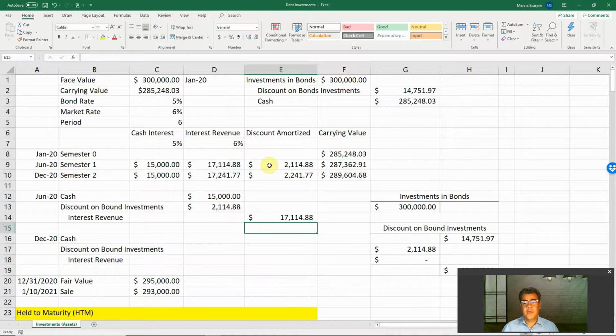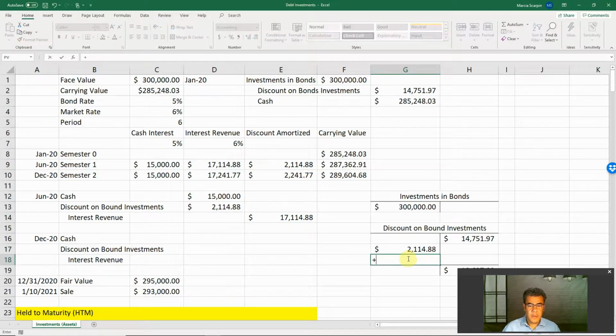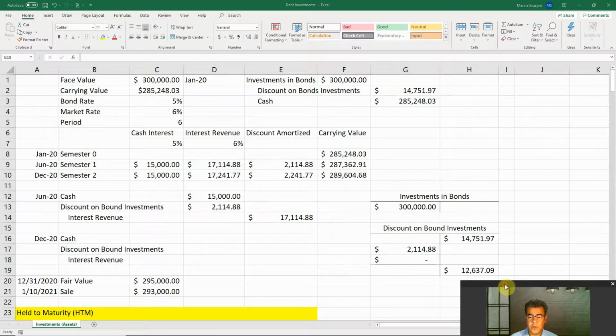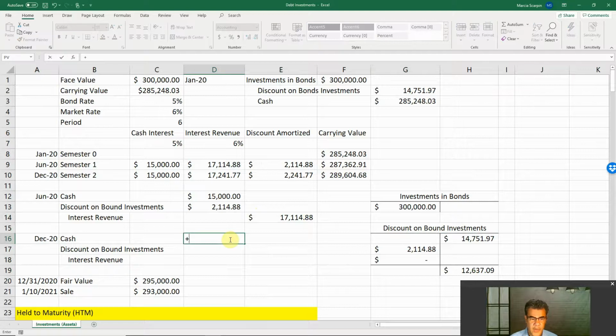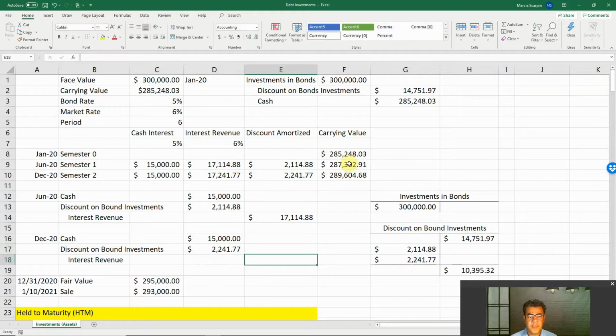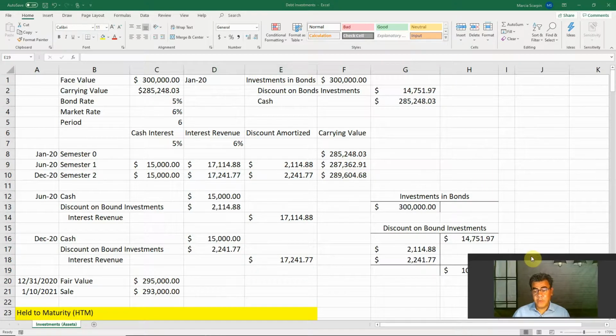So our 17. Good. The formula was a little bit wrong. December 2020, another interest revenue. So cash interest, another 15, discount 2.2 thousand, and interest revenue 17,241. So okay, this is the regular bond.